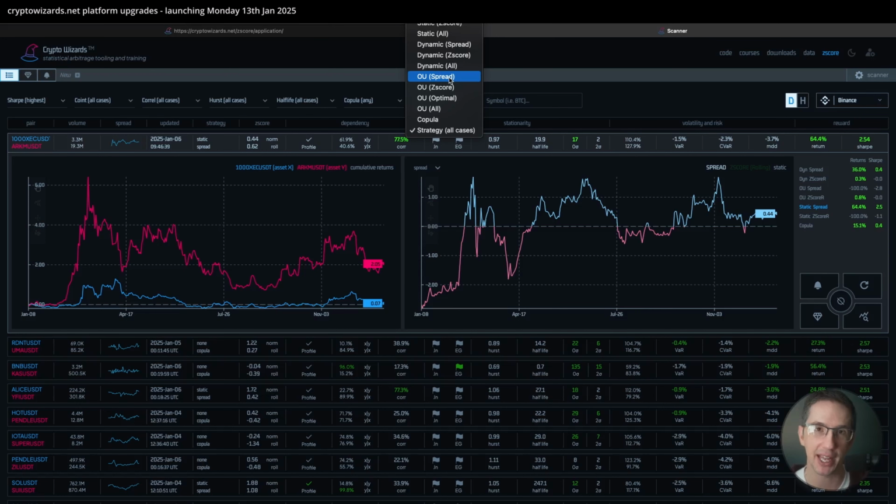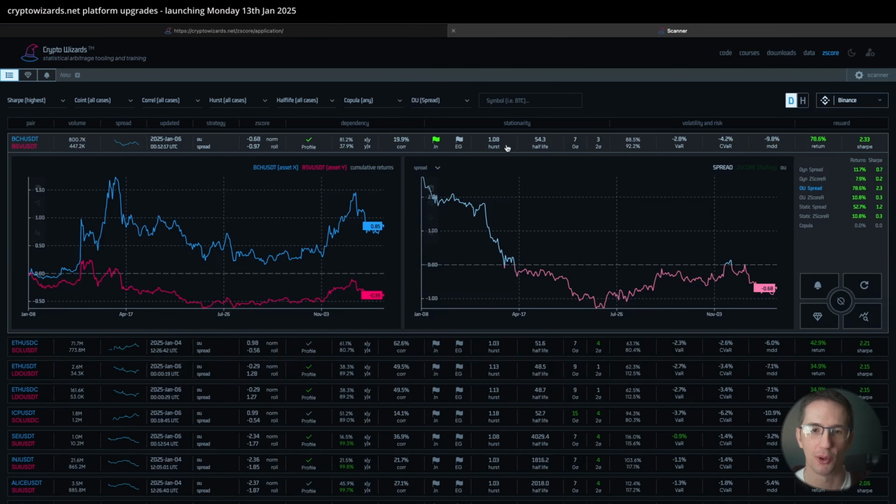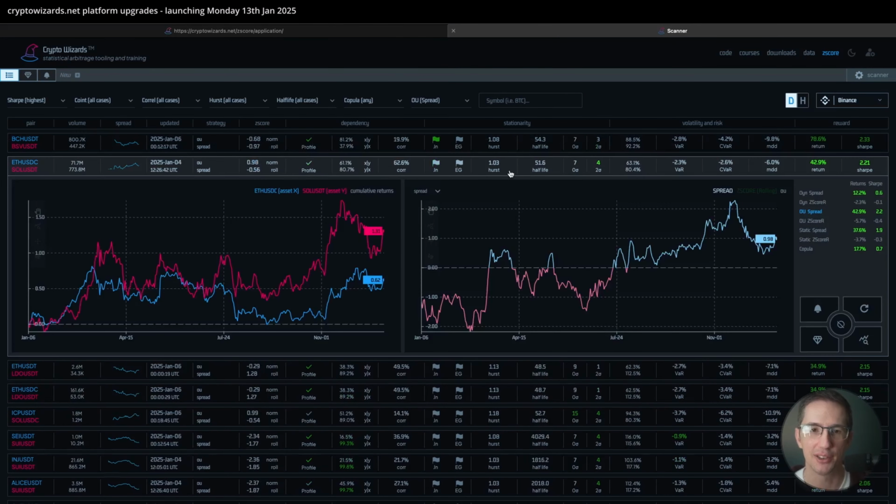And I haven't covered that yet on the channel. I will be. But just note, this is yet another type of spread, or way that you can calculate the spread. So there's now 3 different methods, and there's a lot of advantages to this OU process. I would go ahead and say this is a new and improved, empirically improved method for calculating a spread process, which has now been built into the platform.